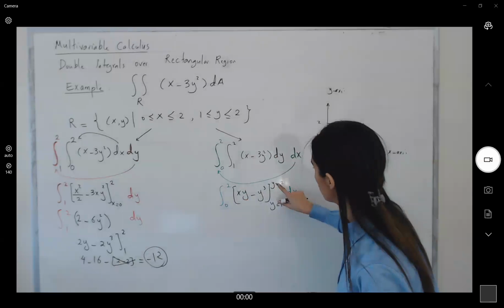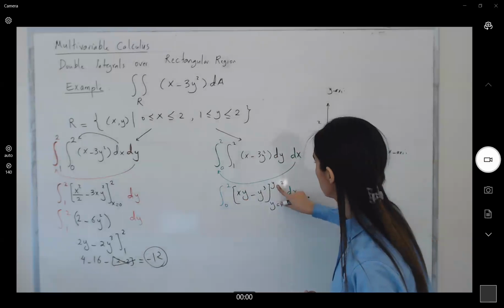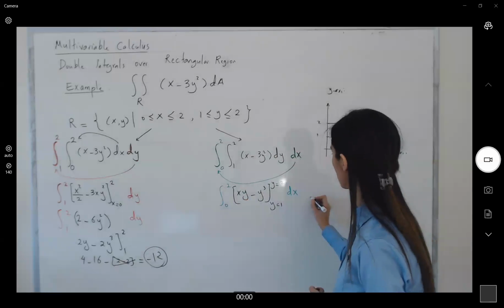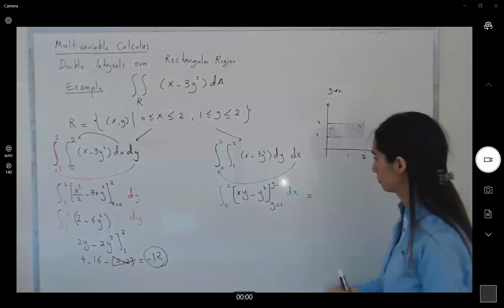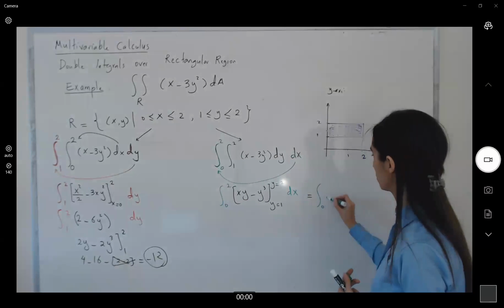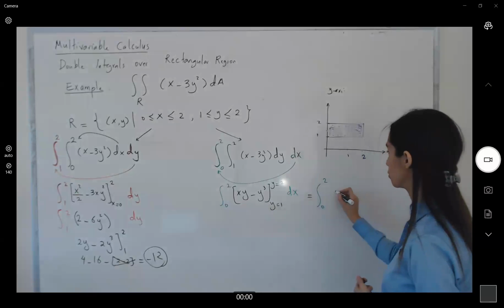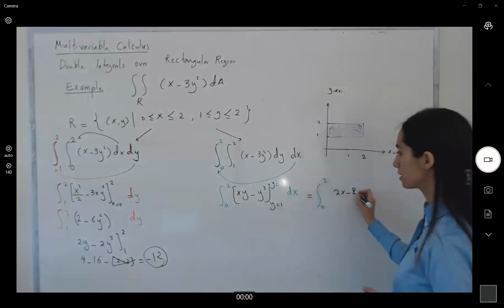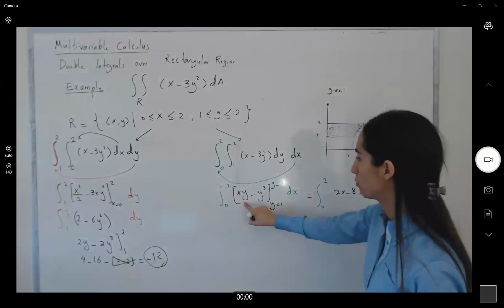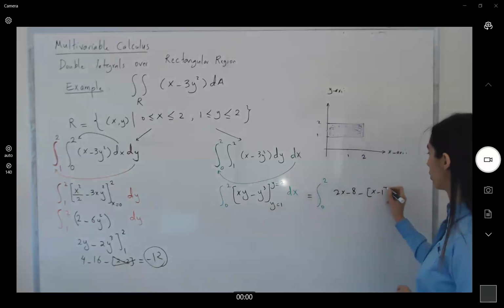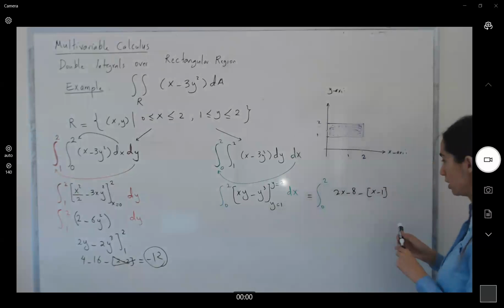So I'm going to plug in 2 first, then plug in 1, then do the subtraction. If I plug in 2 for my y, I get 2x minus 8, minus, and when I plug in 1, I get x minus 1. Then I have my dx.